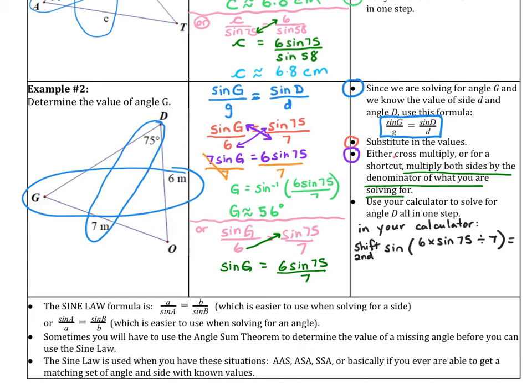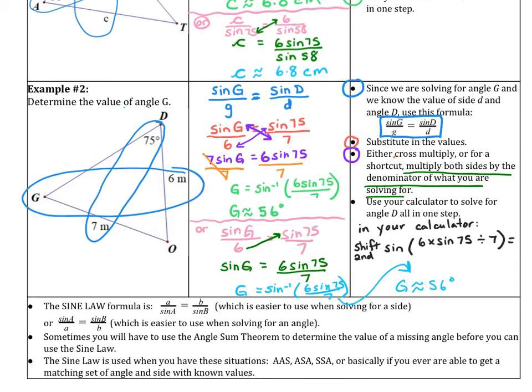And then g will be sine inverse of 6 sine 75 over 7. Kind of run out of space. So g is approximately equal to 56 degrees.